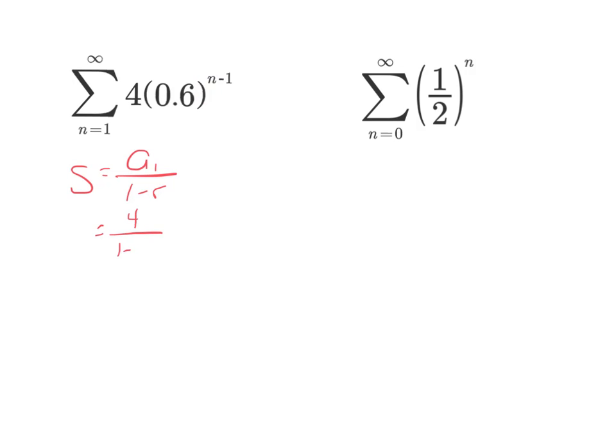Over 1 minus r, where r is the base. That's 0.6. So this is 4 over 0.4, which is just 10. So imagine that if we added all of these terms in this infinite sequence, we would end up with 10.